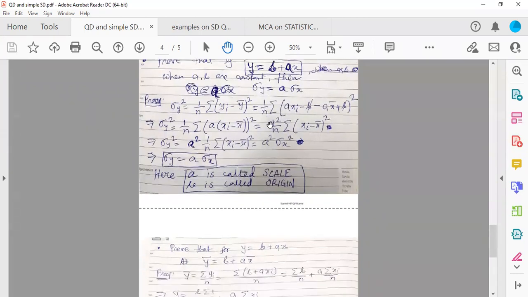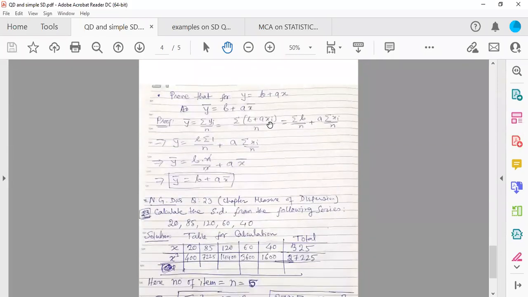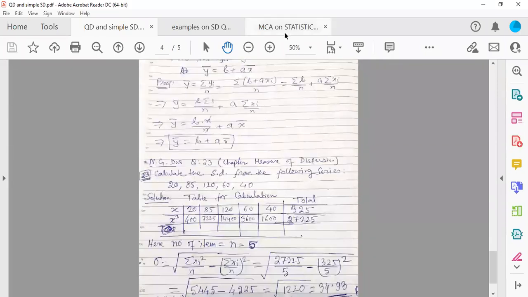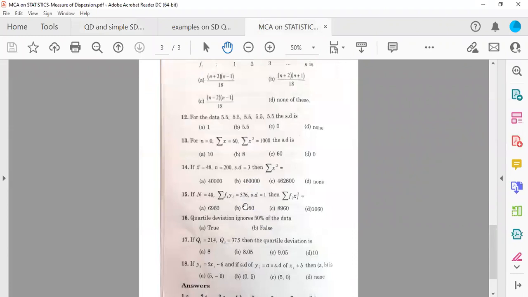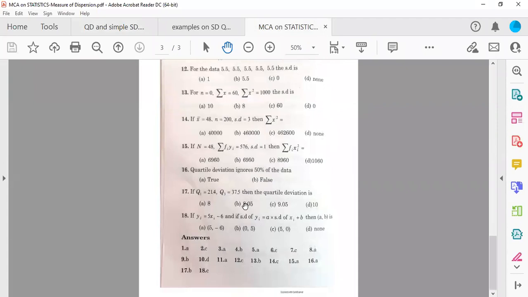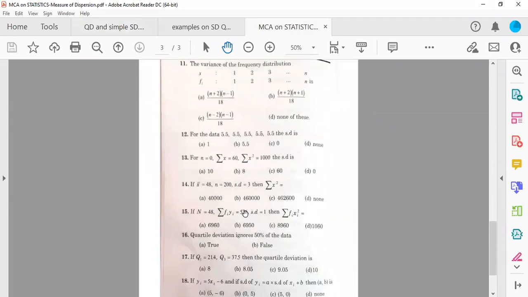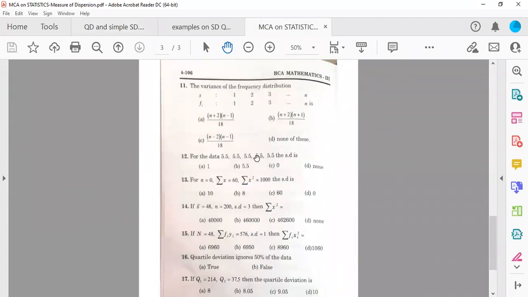So let us go for an example to understand this a little better. Just a minute. The MCQ.